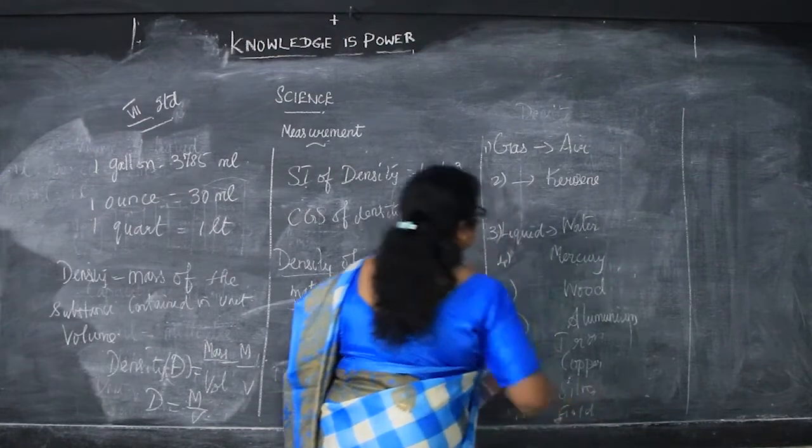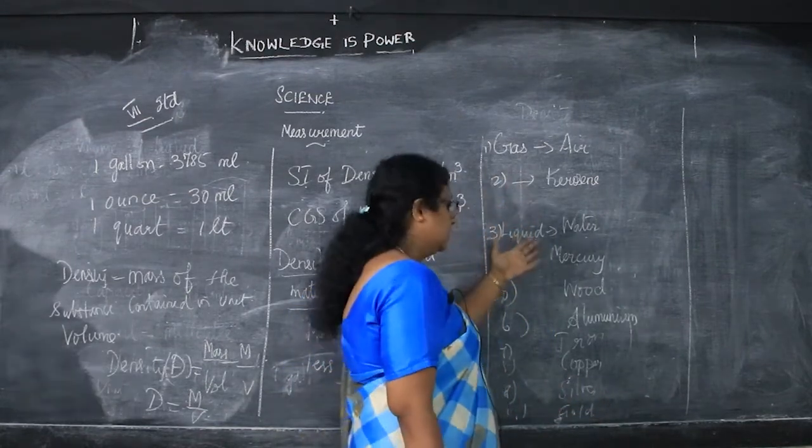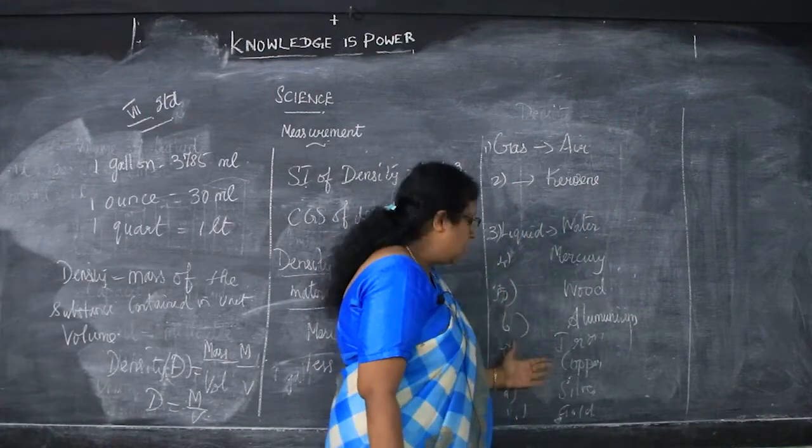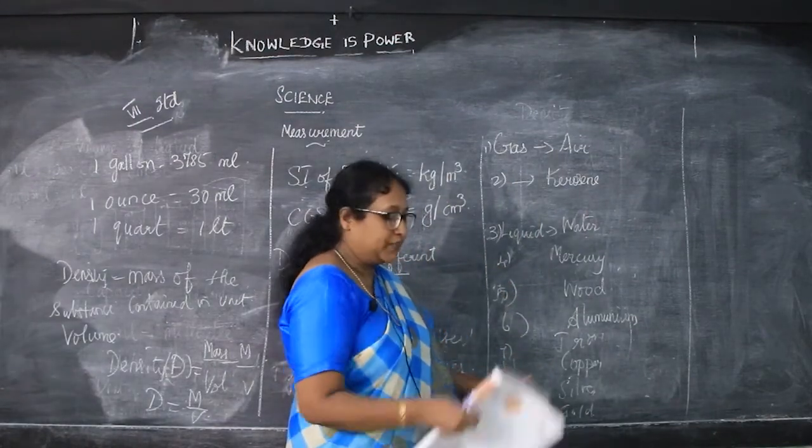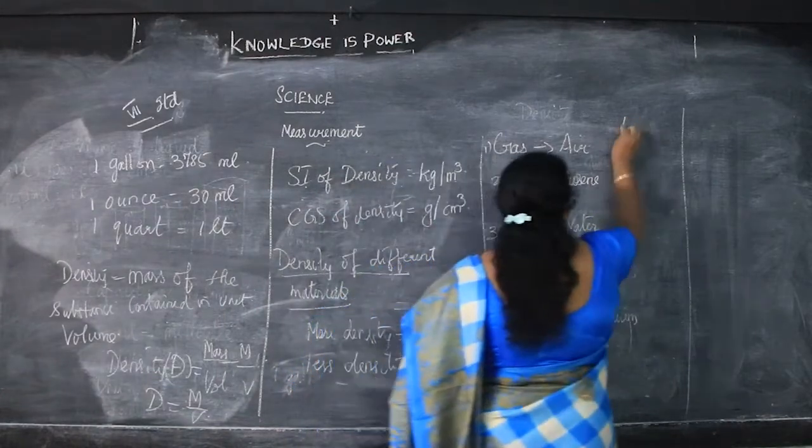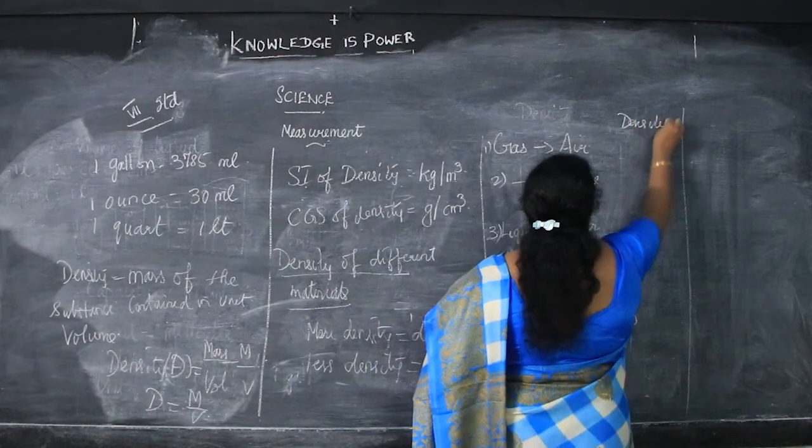These are the materials: air, kerosene, water, mercury, wood, aluminum, iron, copper, silver and gold. Now, what is the density for these? We will see the density for each.